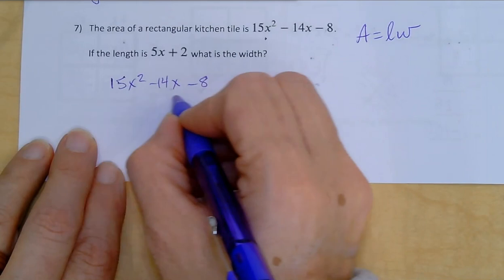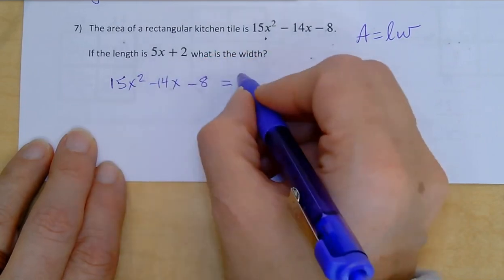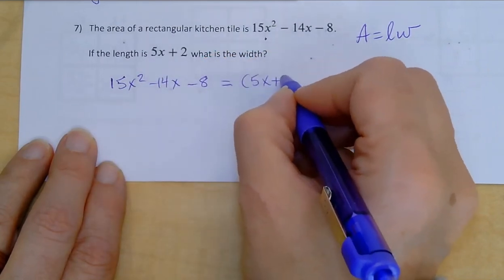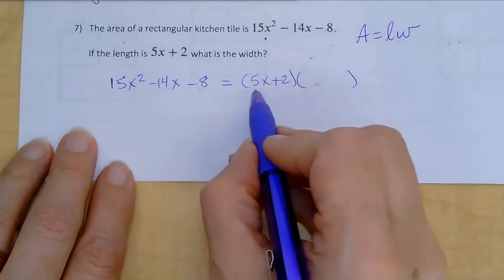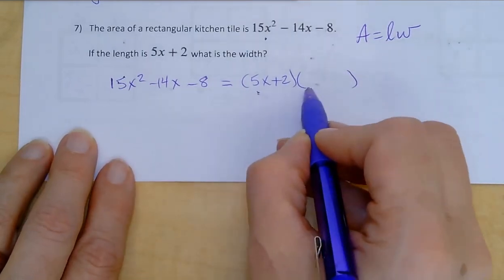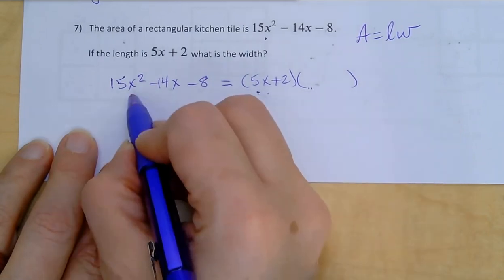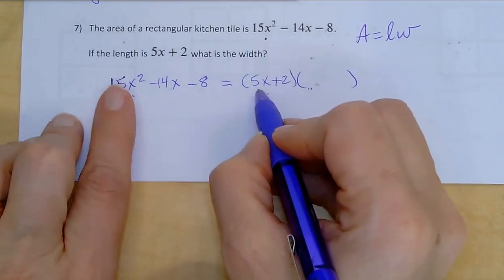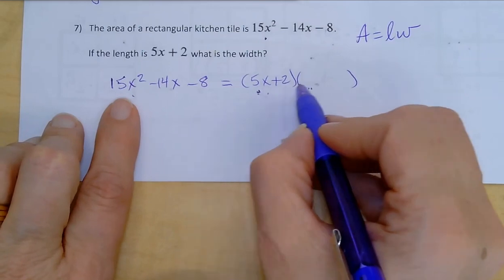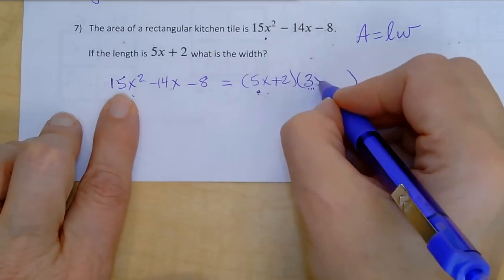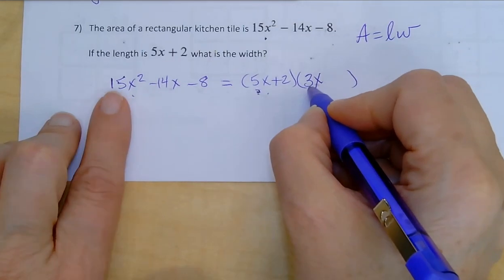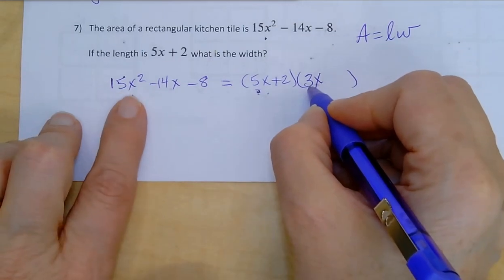That area equals length times width. We don't know what width is, but we do know that if we were going to multiply two binomials together to get a trinomial, to get my first terms multiplied together, 5x times something equals 15x squared, the only thing I can do is 3x, right? 5x times 3x is 15x squared. It has to be that.